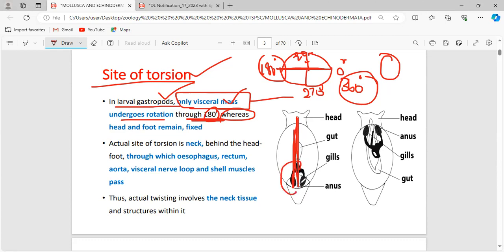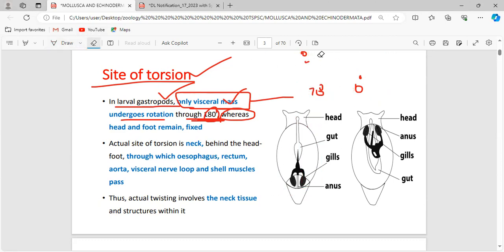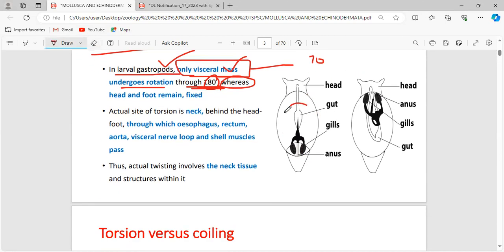After that it undergoes an anti-clockwise rotation up to 180 degrees, so that all the important structures become in front of the body in the adult stage. Another important point is that all the visceral organs change their location, but the head and the anus remain fixed.